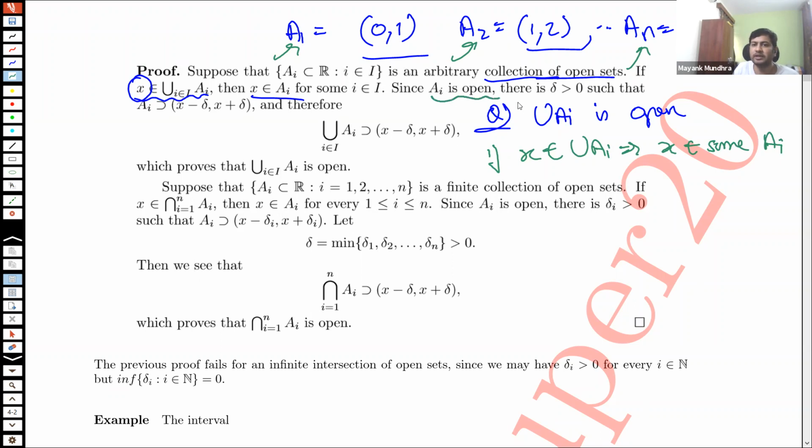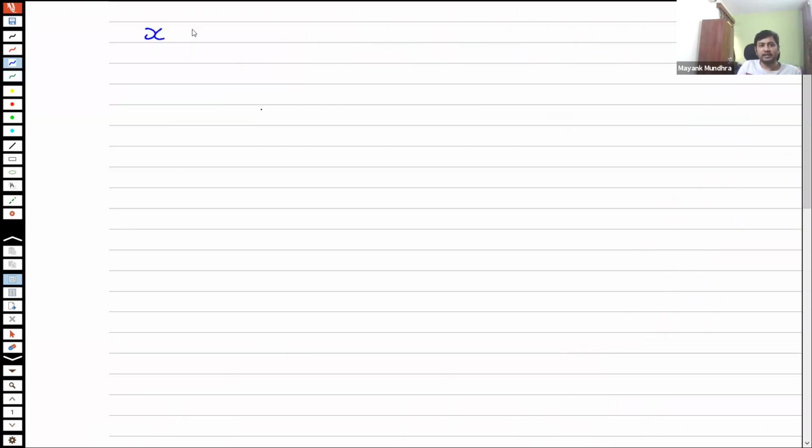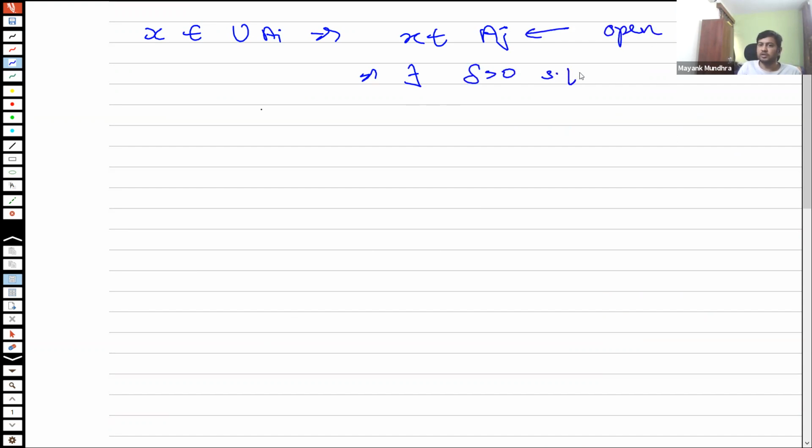Now, since A_i is open, there is a positive delta such that x minus delta to x plus delta belongs to A_i. So what I'm saying is that x belongs to the union of A_i, which implies that x belongs to some A_j set, which means that there exists a positive delta, since this A_j is also open, such that the interval x minus delta to x plus delta is a subset of A_j, because A_j is open and x is an element in A_j.